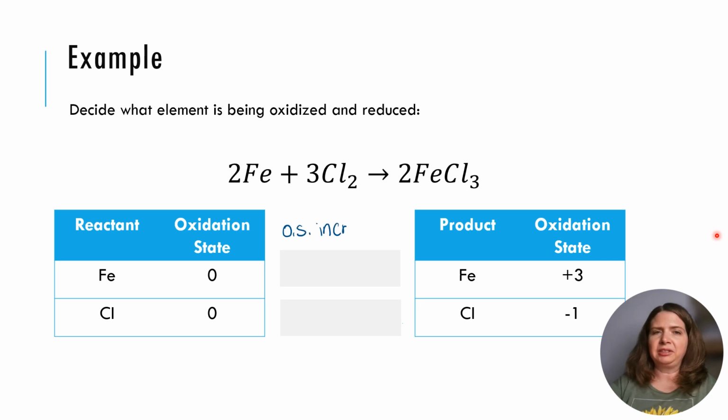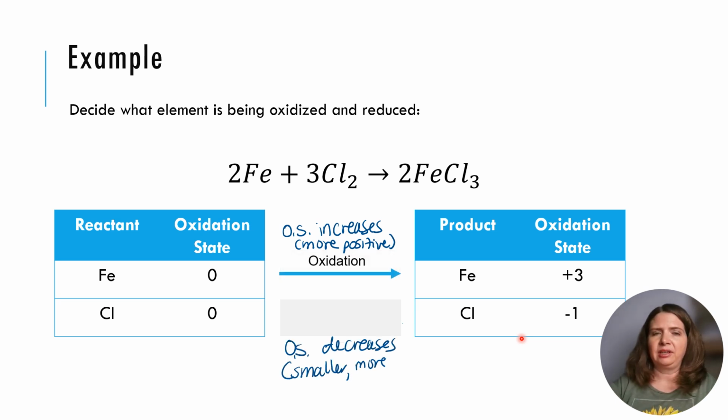This is an increase in the oxidation state, so iron is undergoing oxidation. Chlorine starts at 0 and ends at -1. Its oxidation state decreases, meaning it undergoes reduction. Remember, oxidation is an increase in the oxidation state, and reduction is a decrease.